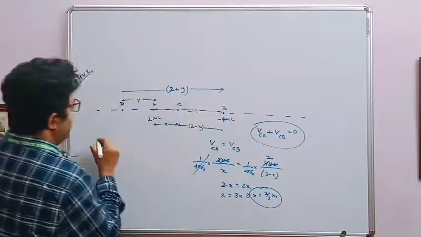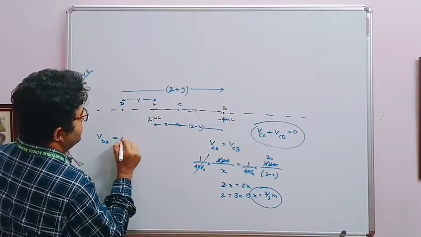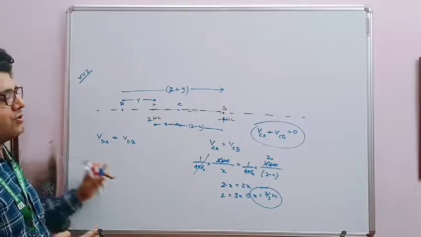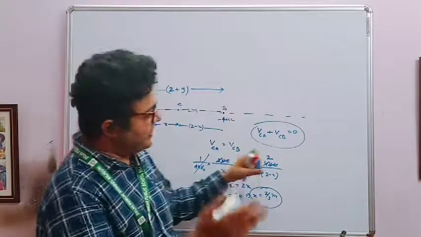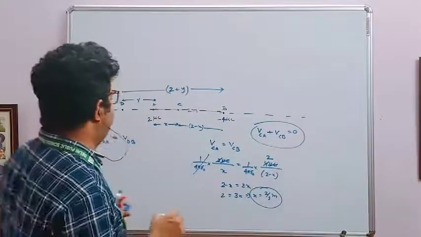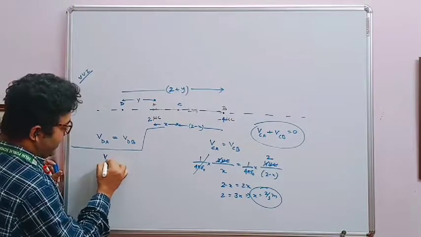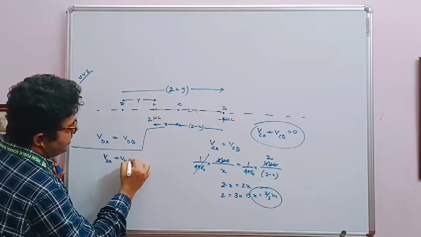So now the potential at D due to A equals the potential at D due to B. We can solve it in that manner also, as we already solved the earlier one, so let's see how we solve this time. At D, due to A plus at D due to B equals 0.